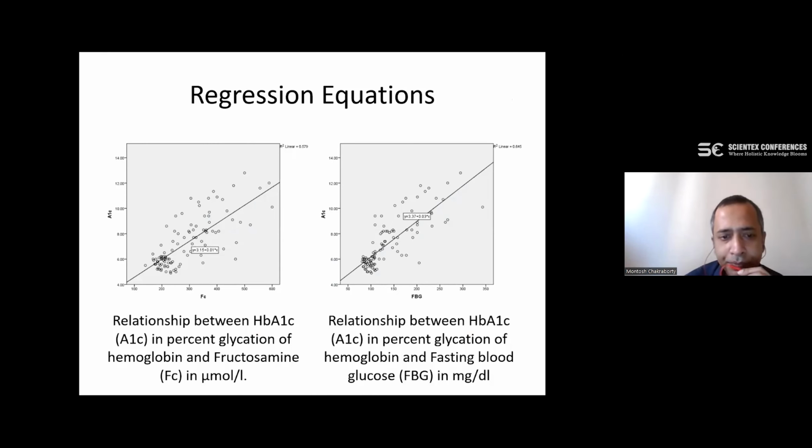which are the stars of our study. Now, if you look at the two scatter plots displayed in the slide, let me first go to the second scatter plot. This is a scatter plot which represents HbA1c on the y-axis and fasting blood glucose on the x-axis.